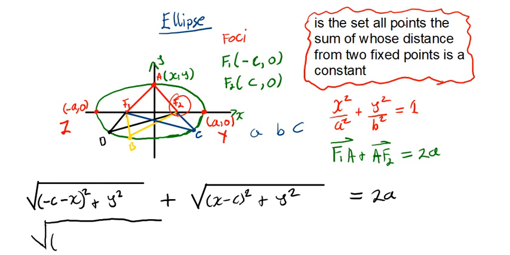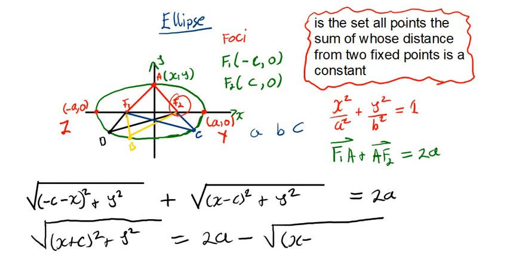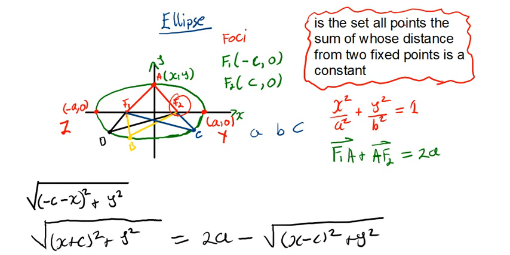One thing that you observe here is that instead of having minus c minus x, because of the square, I can make this x plus c, or c plus x squared plus y squared, equals, I'm going to push this on the other side, 2a minus the square root of x minus c squared plus y squared, like that. So now you can go ahead and square both sides.